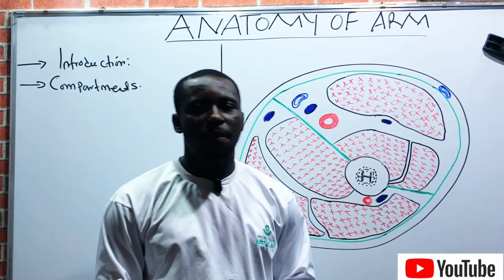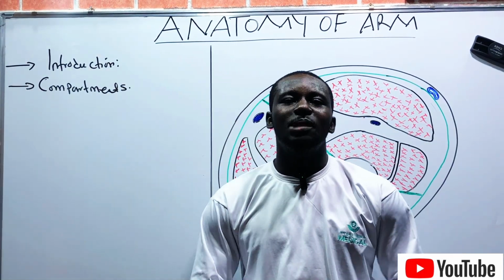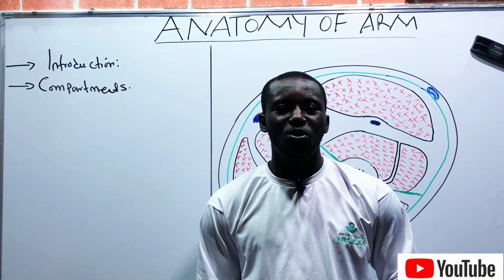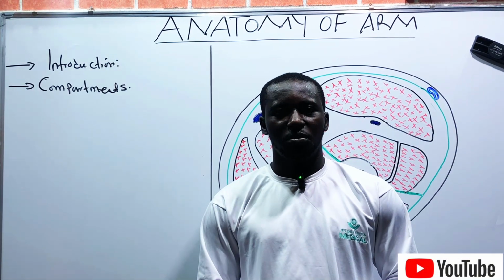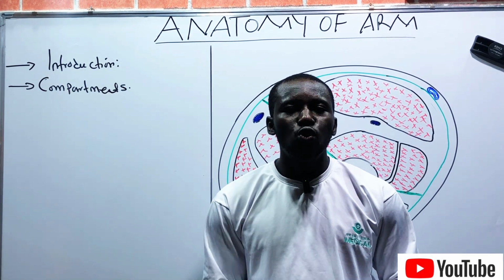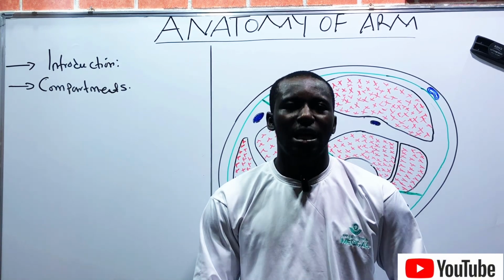The arm is enclosed by a deep fascia which acts like a sleeve. Extensions of this deep fascia sleeve are the two intermuscular septa.